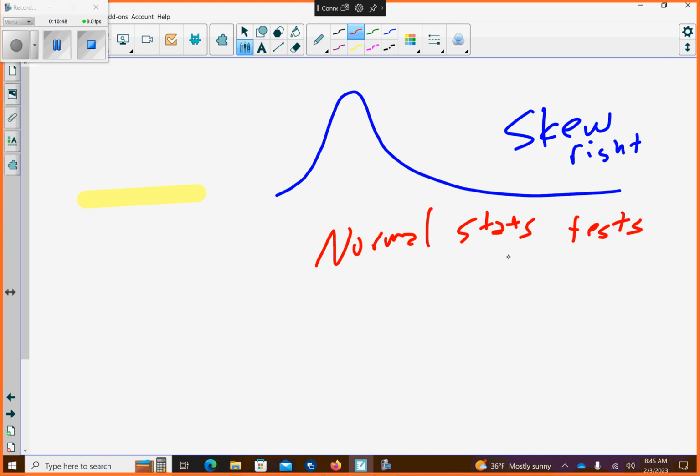Okay, so let's say we know it's skew right. Let's say that Coca-Cola, after 1 million cans, is showing that it's skewed to the right, meaning the manufacturer is claiming that each one of their cans has greater than 12 ounces of Coca-Cola.